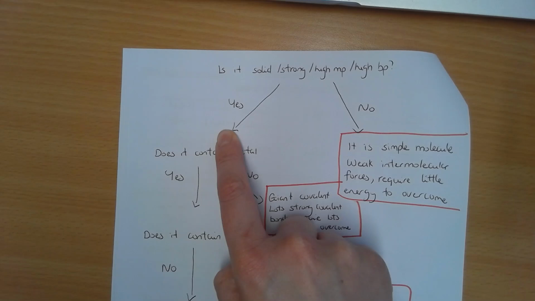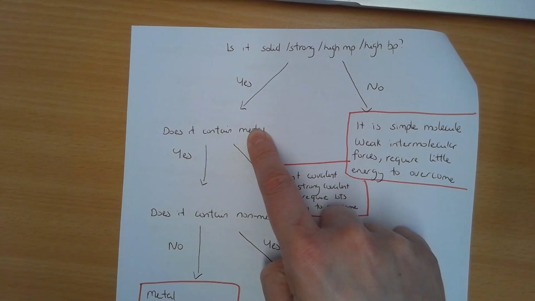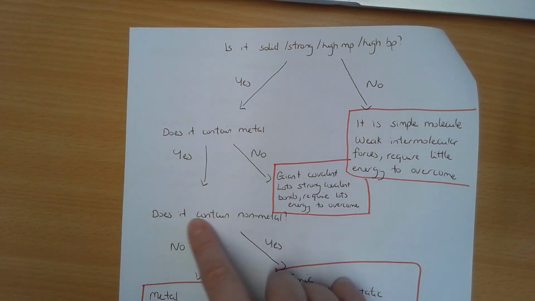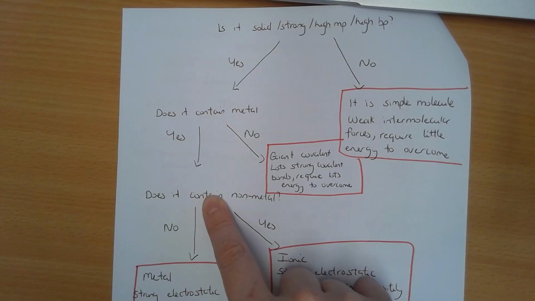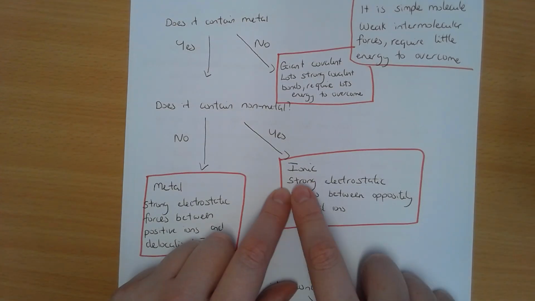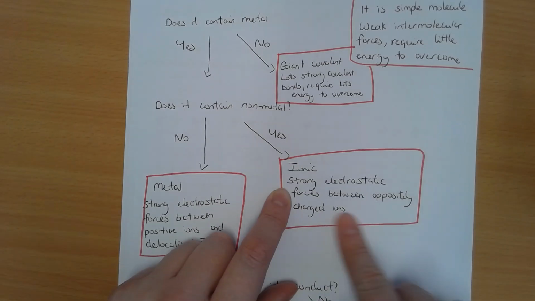I asked you about NaCl. Na is a metal, so the answer is yes. Does it contain a non-metal? Cl is a non-metal, so the answer is yes. Therefore, this is my answer. So the answer to number 2 is strong electrostatic forces between oppositely charged ions. So please write that as your answer for number 2.